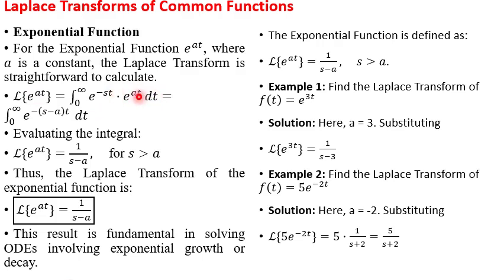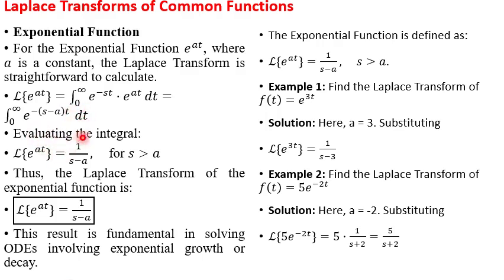dt. So now this equals, because we've got the same base here, we can simply add the powers, and that is what we've done here. So that gives us the integral from 0 to infinity of e raised to power minus (s minus a)t dt.